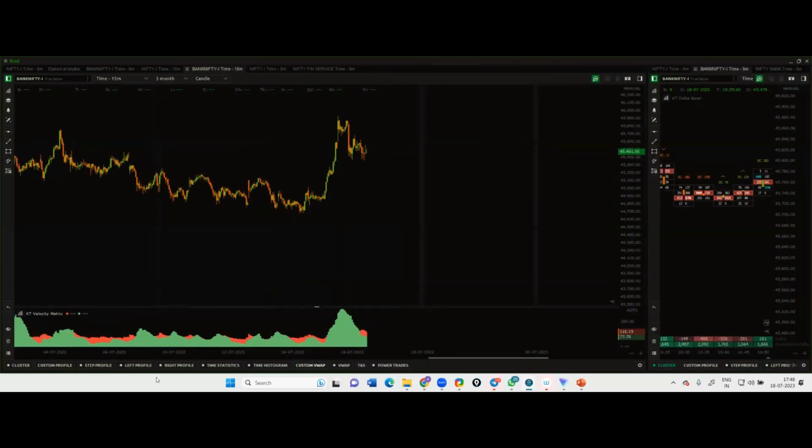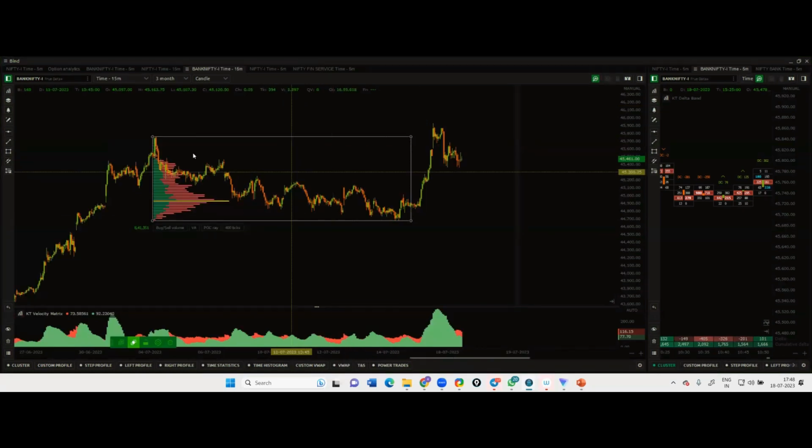So this delta can also be used on a particular range of price. That is, in this case, for example, I am using my delta from my recent swing high to the pullback area.